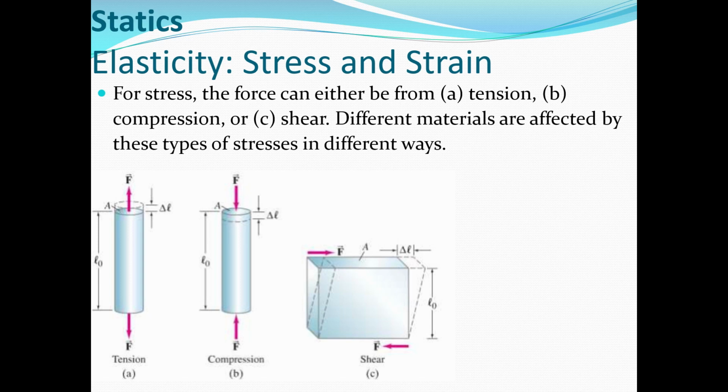Typically, for most objects, there's actually no real difference between tension and compression. Shearing, on the other hand, tends to be a little bit different than the others. This is where you have essentially two opposite forces on the top and bottom, and it's going to cause them to move parallel and anti-parallel to each other. So essentially sliding across each other.